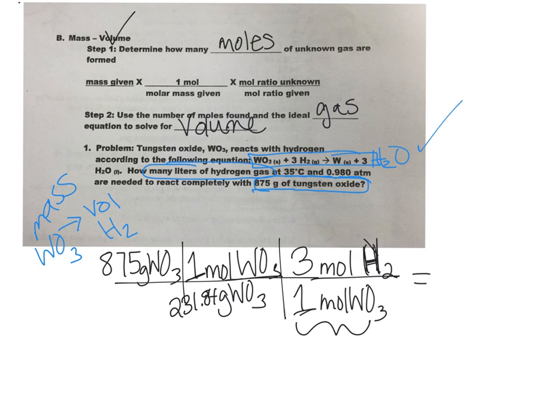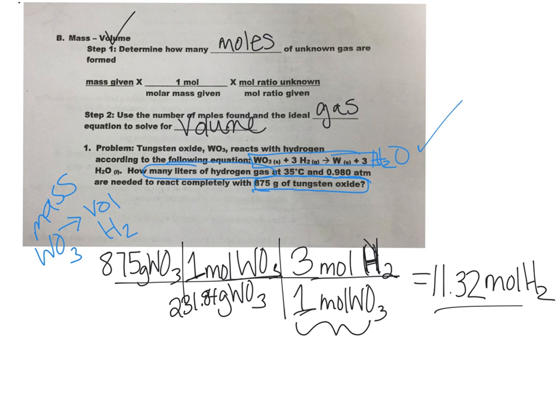So let's go ahead and solve for moles of hydrogen real quick. When you've got it, let me know. You should be getting 11.32? Yeah? Okay, 11.32 moles.